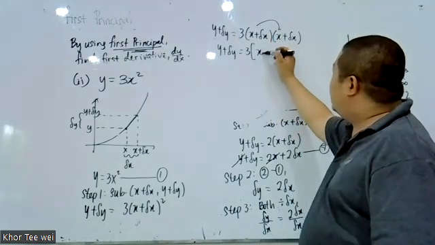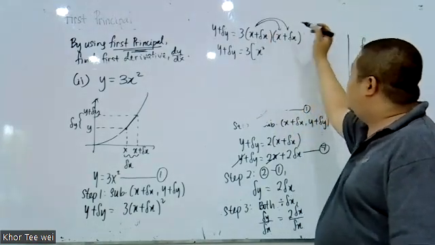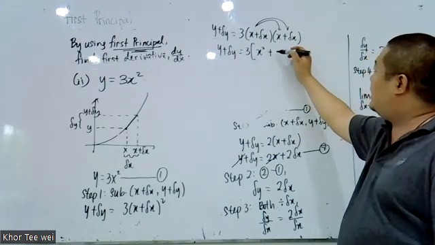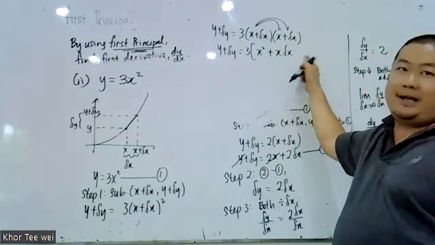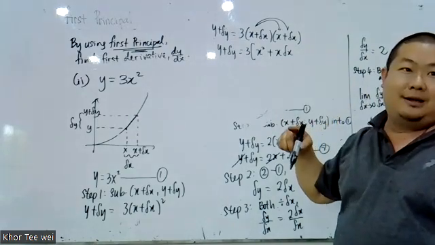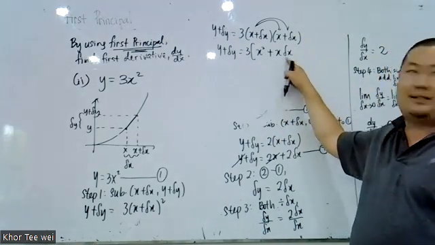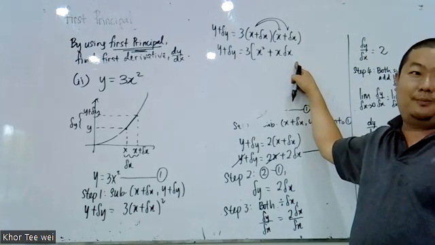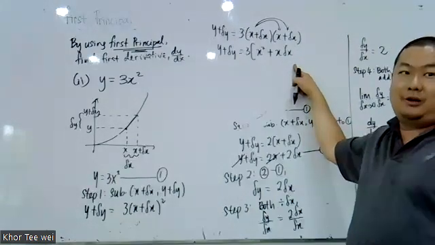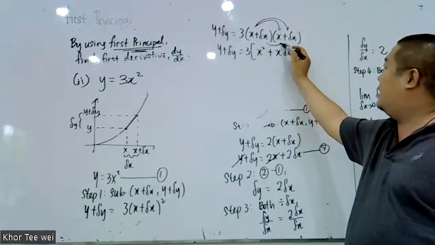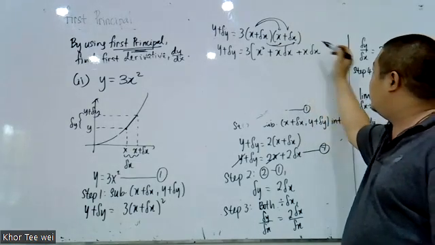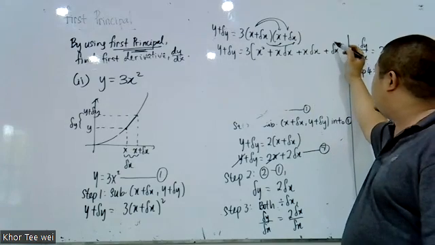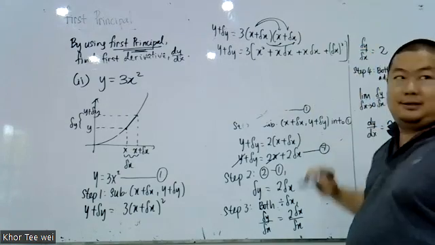So I'm trying to do the expansion. x times x, you get x squared. x times delta x, you just write down x delta x. Don't write down delta x squared, it's a different thing. Then this one times this one, you also get x delta x. This one times this one, you get delta x squared.